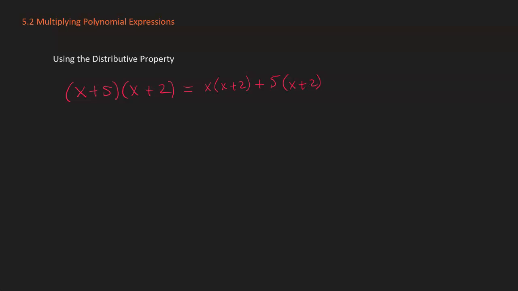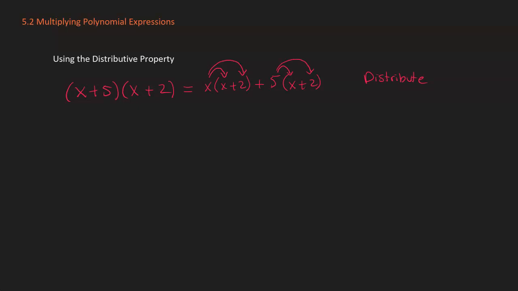From there, I will distribute. This is where that term comes into play. Distribute. There we go. Meaning I'm going to multiply the x to the first term and the x to the second term. I'm going to multiply the 5 to the first term and the 5 to the second term.